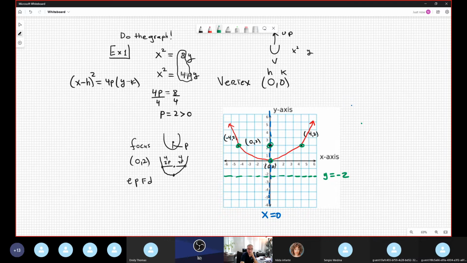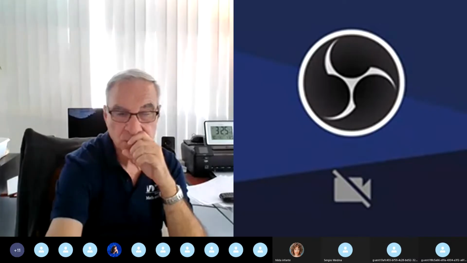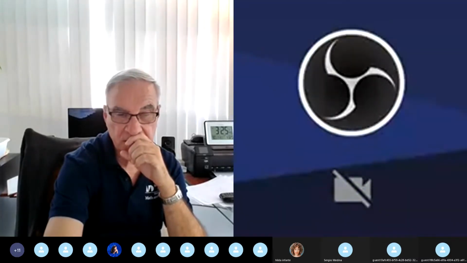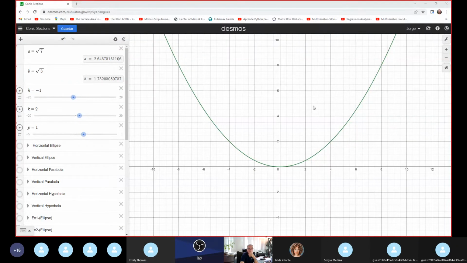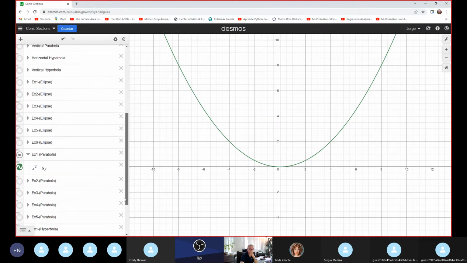You know something, when I'm excited and focus on the mathematics, I forgot the computer part. Okay, sorry. But you are my student who always helps me. Okay, so now, do you see? I select, look here in the example, this application brings the default example 1 parabola.